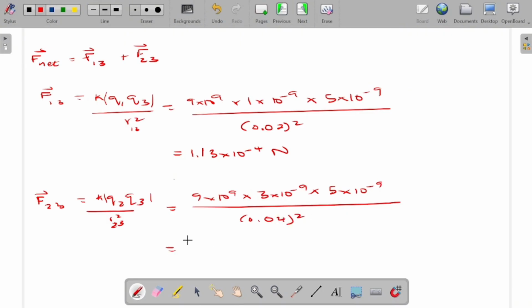So what's our value here? Do you all agree?